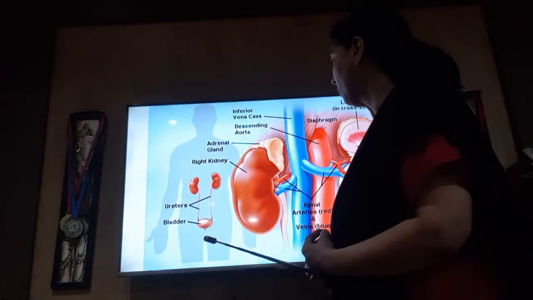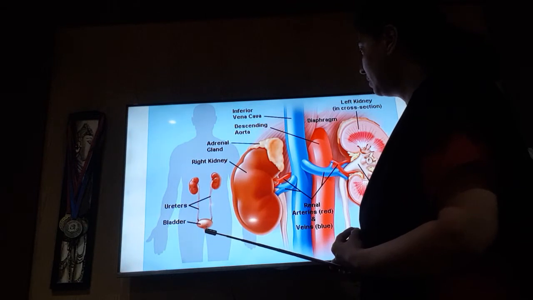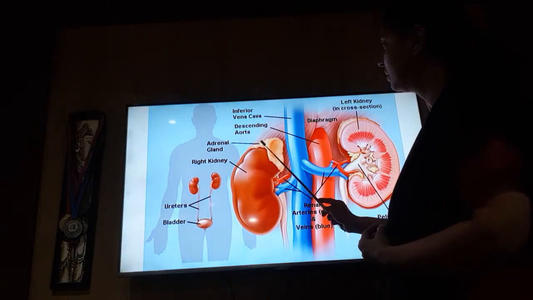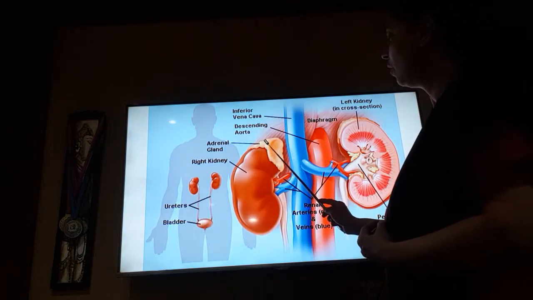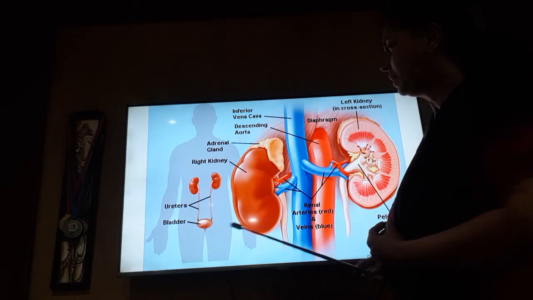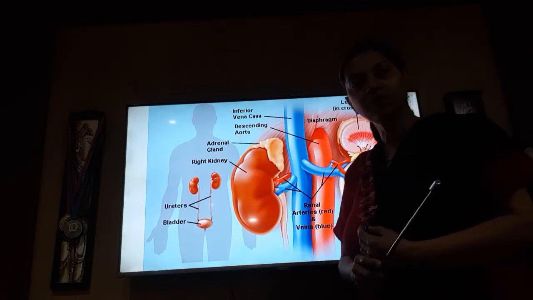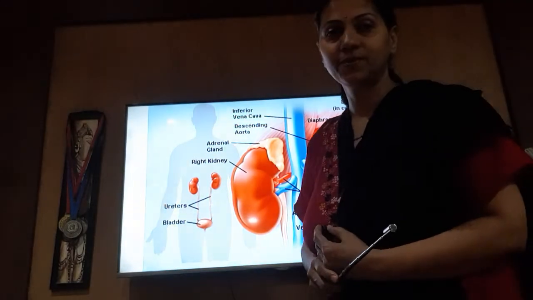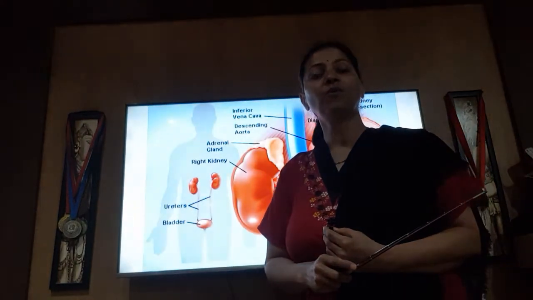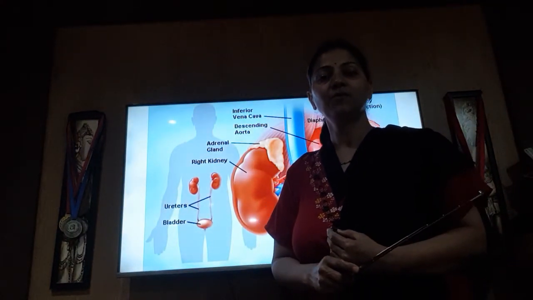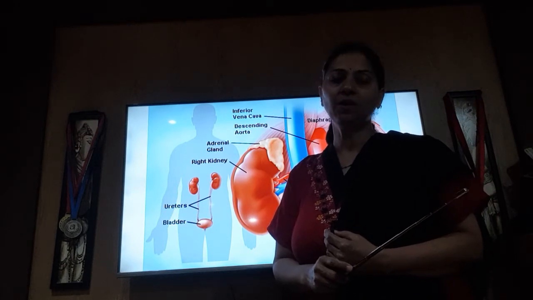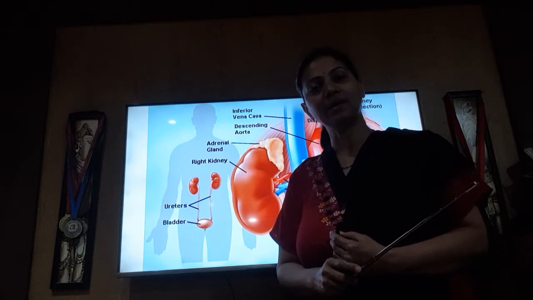Now, the most important relation that you can see here is the suprarenal gland on the upper pole. But I would like to tell you first of all the relations, because we should know with which structures the various parts of any organ are related.